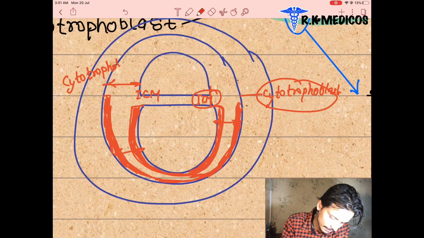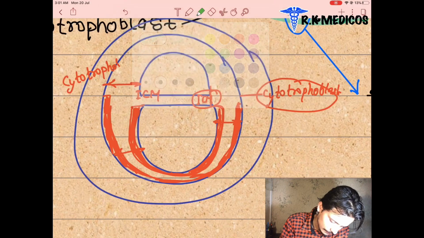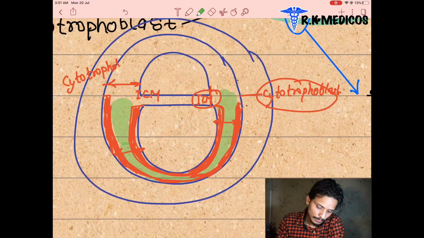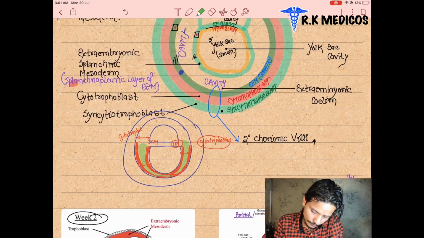And here is this cavity. You can see now.